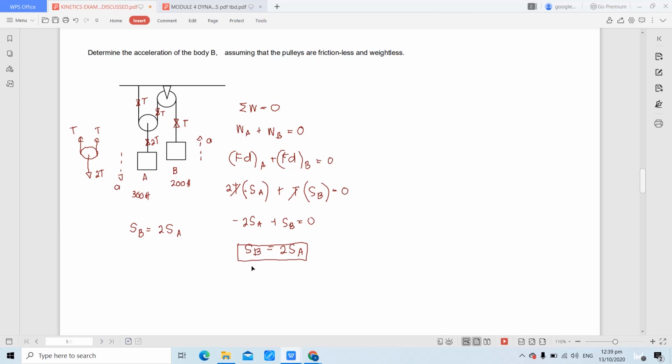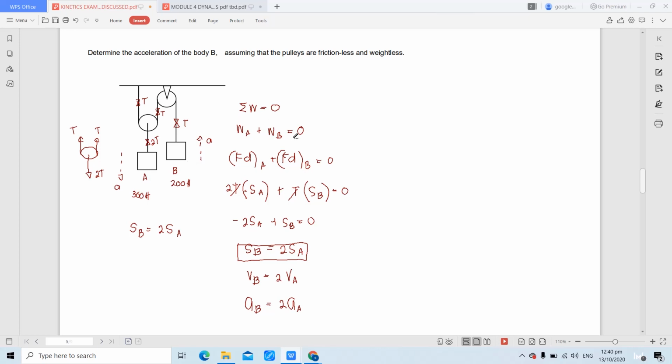Therefore, velocity of body B is equivalent to twice velocity of body A. At kapag dinerive natin ulit with respect to time, magiging dv over dt, and dv over dt is acceleration. Therefore, acceleration of body B is twice acceleration of body A. Yan na yung tinatawag nating kinematic relations between these two bodies.